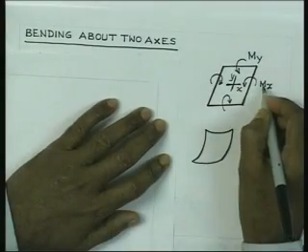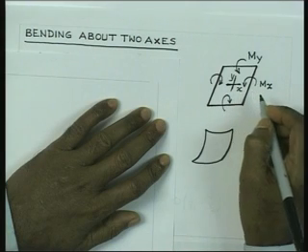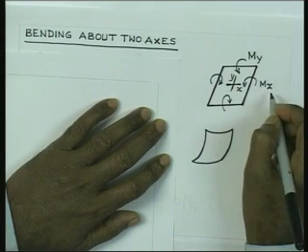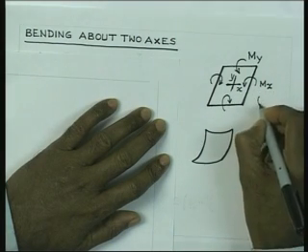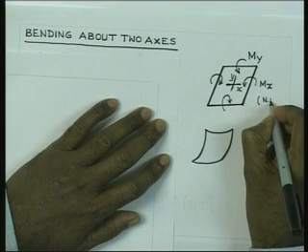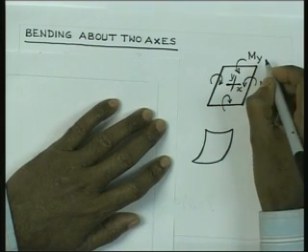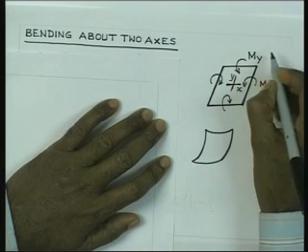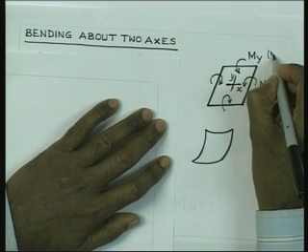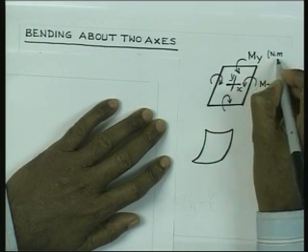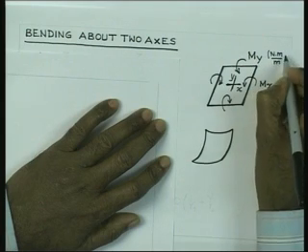We are applying Mx bending moment, and this Mx is per unit length. So, generally its unit will be Newton meter per meter. Similarly, we apply My in that direction, which again has unit Newton meter per meter.